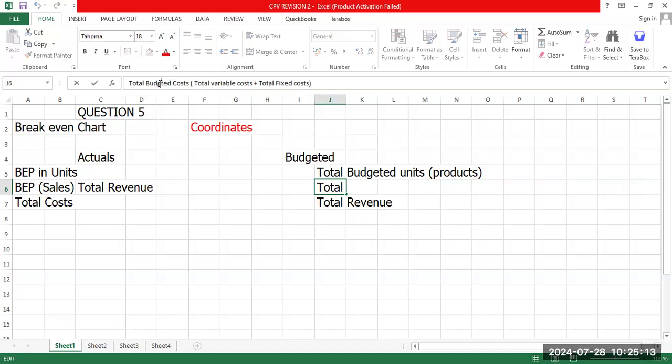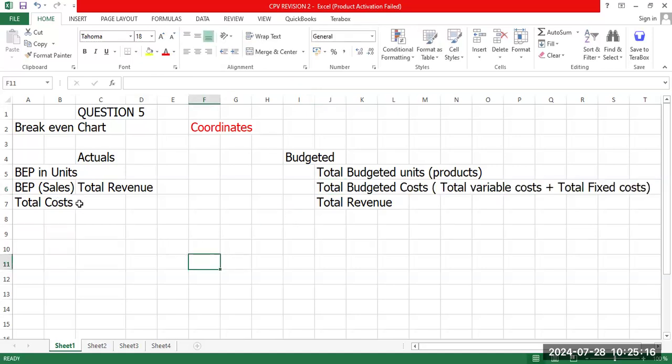Okay? So you will need that information. As you interpret, this is based on break-even point in units. Also, this total revenue is based on a break-even point in units. So as you interpret the question, this is what you actually need to make your break-even chart.